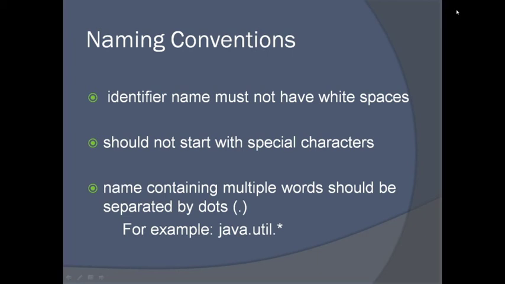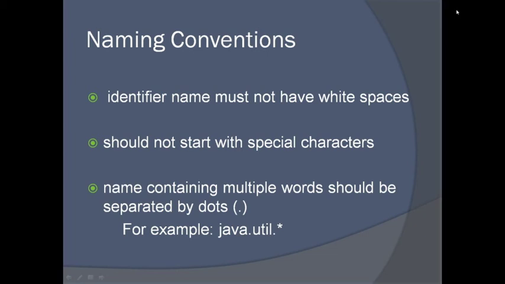So, certain rules need to be followed while deciding the names of the identifier. Few of them are: the identifier name must not contain any white space. Also, it should not start with a special character like ampersand, underscore, dollar, etc. It must only start with an alphabet character.